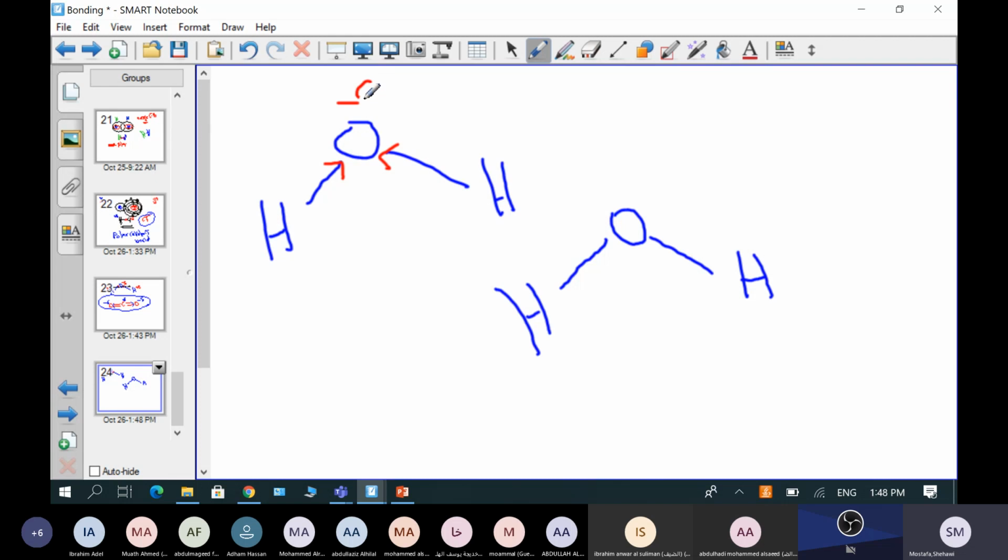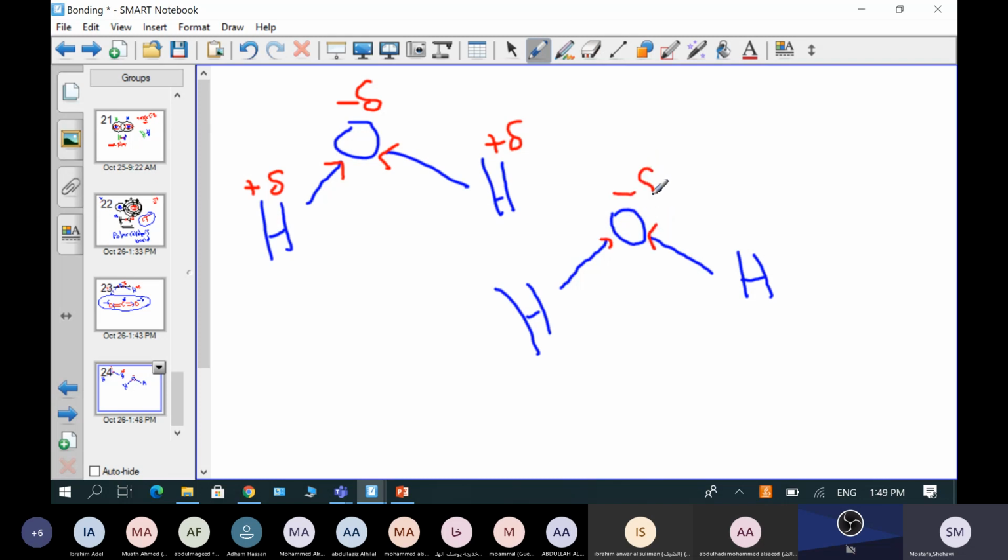So oxygen will have a partial negative charge, and hydrogen will have a partial positive charge, and this hydrogen has a partial positive charge. And the same applies for another, neighboring water molecule.